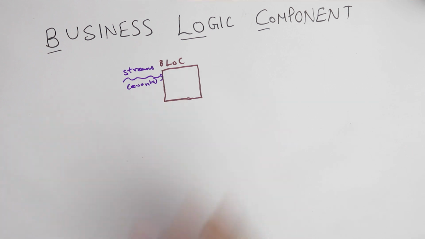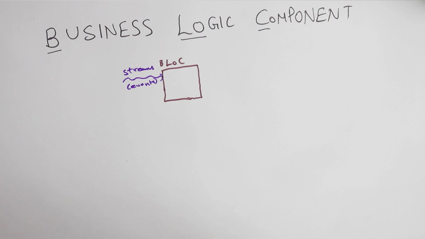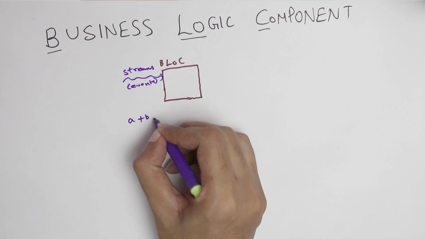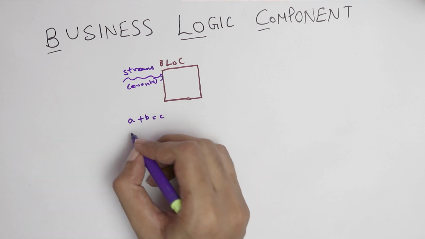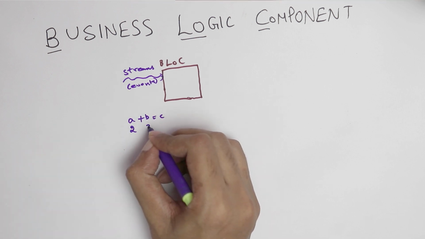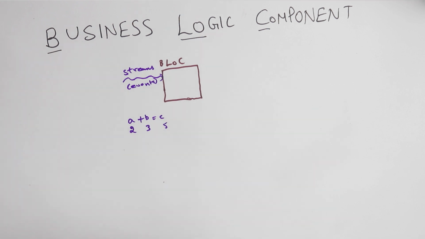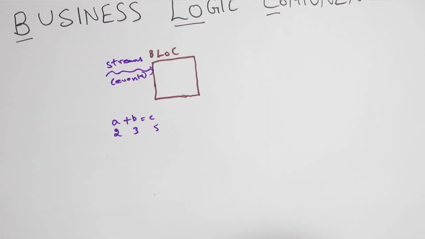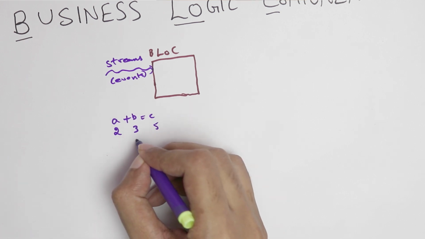Before going further, a stream is nothing but data appearing over a period of time, guys. Say for instance, you have two variables A and B, and you're adding those two to give C. In this, A is 2 and B is 3, so C will be 5. C is the resultant data. Is it visible? I hope it's visible. 2 plus 3 is 5, right? Now B changes to 5.